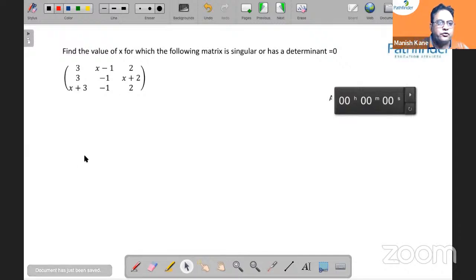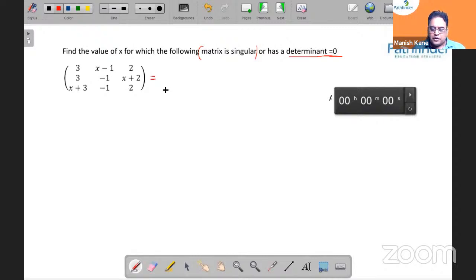Okay, so has anybody got an answer? Here we are told that the matrix is singular, and saying a matrix is singular is nothing but another way of saying that the value of the determinant of this matrix is 0. If I try to solve the question in the original form, it will be really difficult for me. Why?